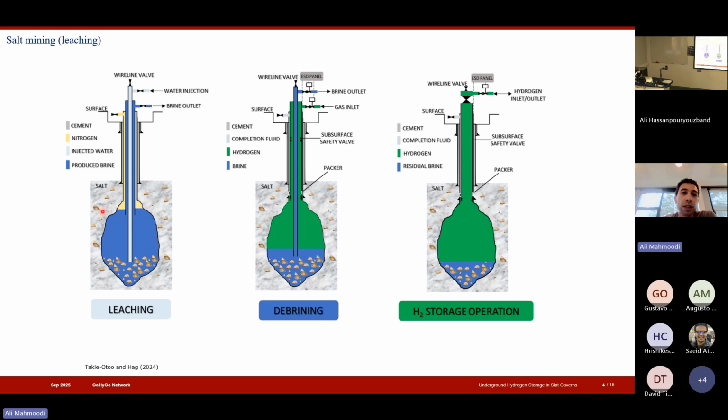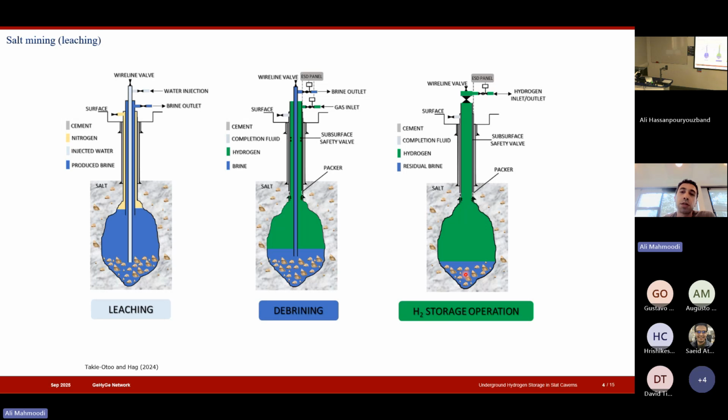Usually we drill a well, we circulate water, it dissolves the salt, and we produce the water, and this cavity grows. But after the leaching, we debrine the cavern, we take out the brine, but usually there is some leftover brine accumulated at the bottom of the salt cavern, and the rest of the space is used for hydrogen storage.